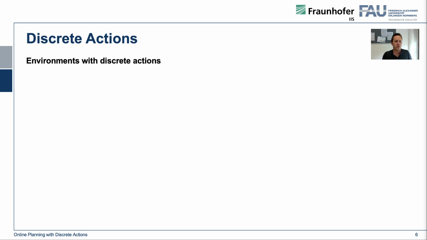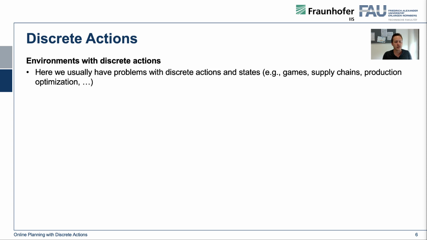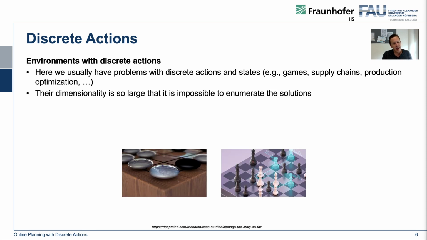So what are, for instance, environments with discrete actions? Usually we have problems with discrete actions, which are games, supply chains, production, and optimization. And most of them have in common that their dimensionality is so large that it is impossible to enumerate all the solutions.